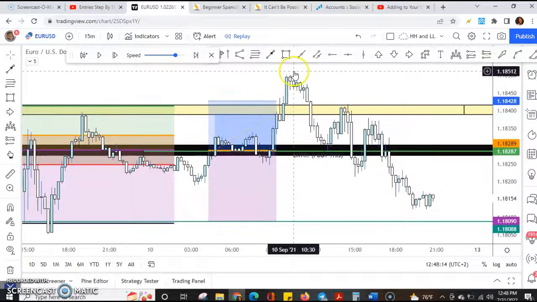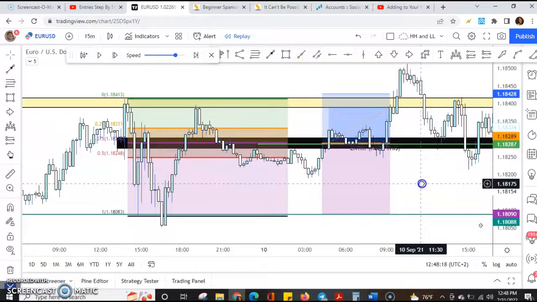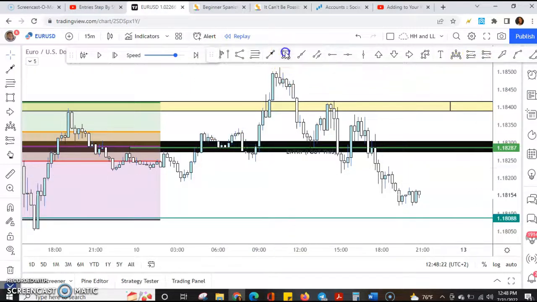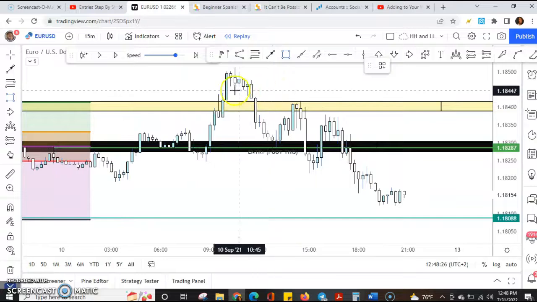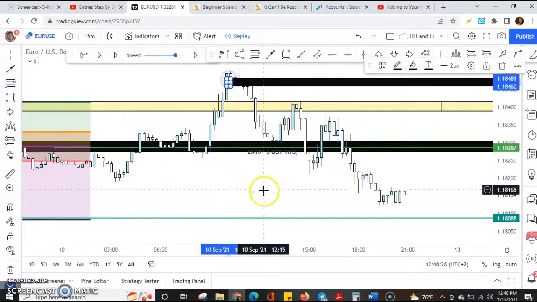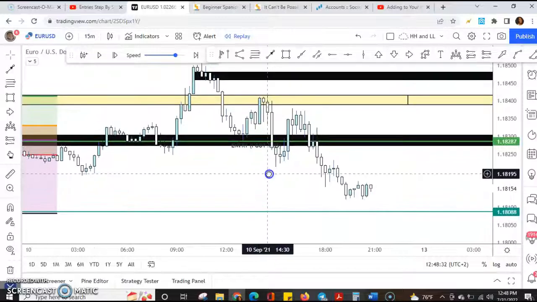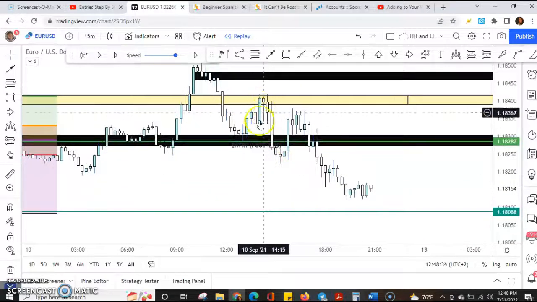So the market created another swing high point right here. Go ahead, mark my zone. Looking for the market to break and close below, retest that area. It also created another swing point here.